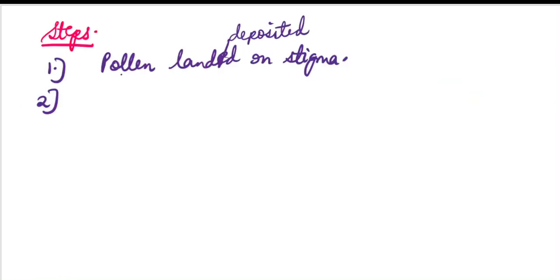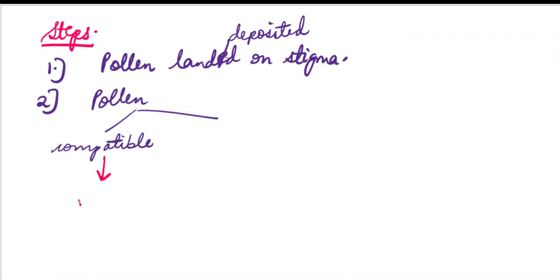So the moment it detects that this pollen is compatible, then there will be an entry given.